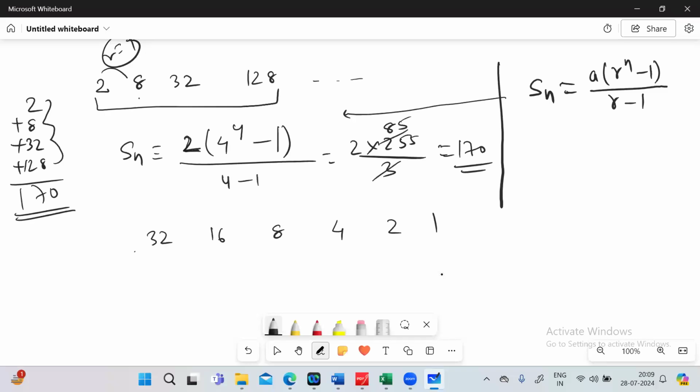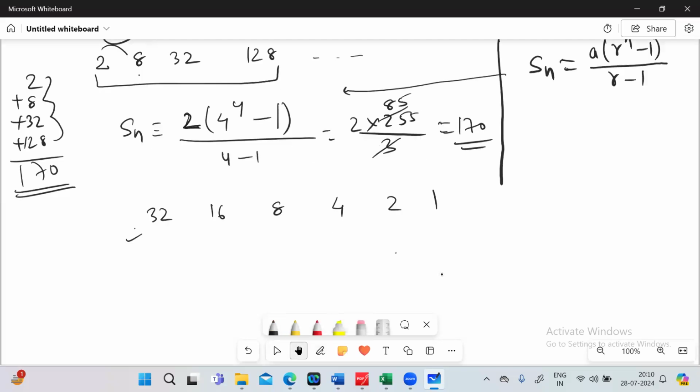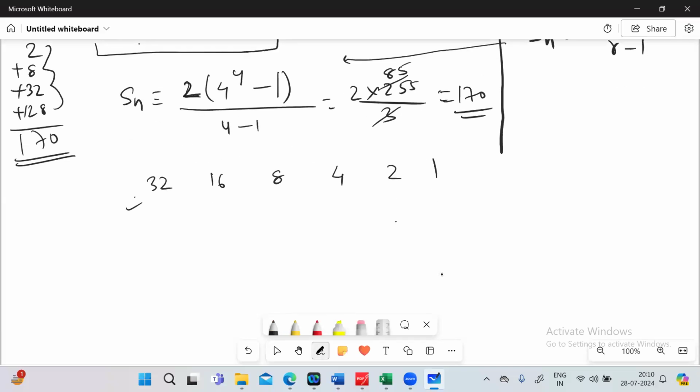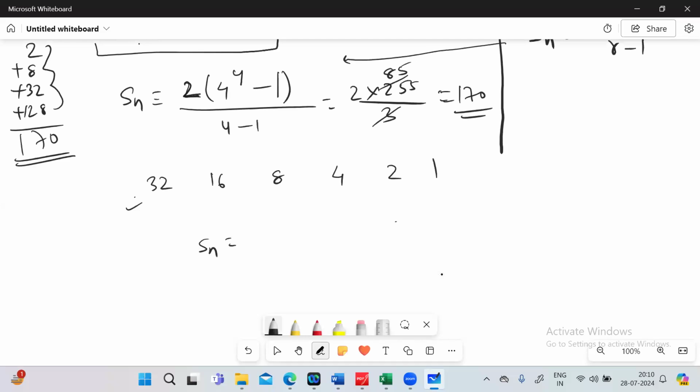I'm just writing these 6 terms. And I want to calculate the sum of these 6 terms, which are in GP. So if I use the same formula, Sn is equal to a into r to the power n minus 1 divided by r minus 1.